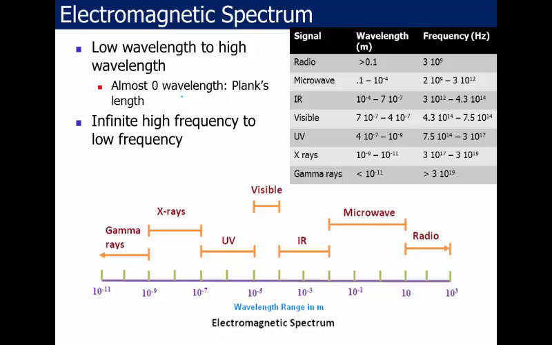So usually we don't say 0.1 angstrom. And if we have a low wavelength, then there is a high frequency. So correspondingly, to higher wavelength, then there is a low frequency.